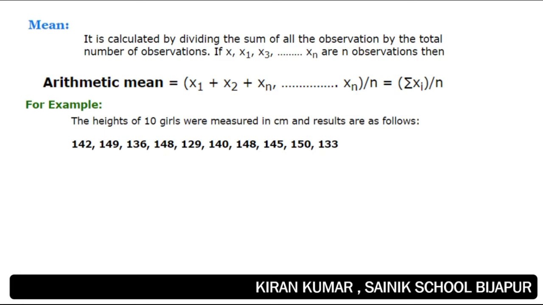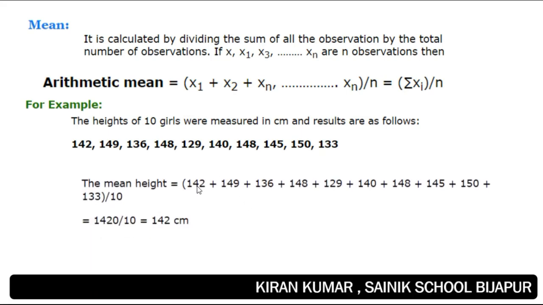For example, the heights of 10 girls were measured in centimeters and the results are 142, 149, 136, 148, 129, 140, 148, 145, 150 and 133. To find the mean height, we need to add those heights and divide by the total number, that's 10.